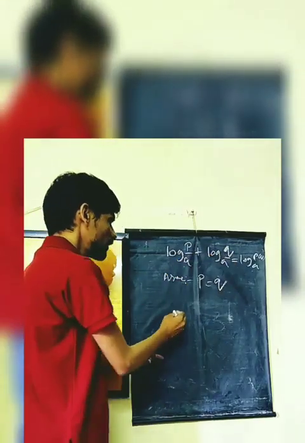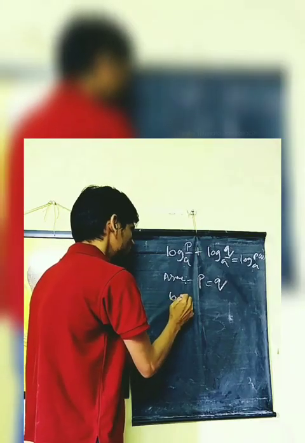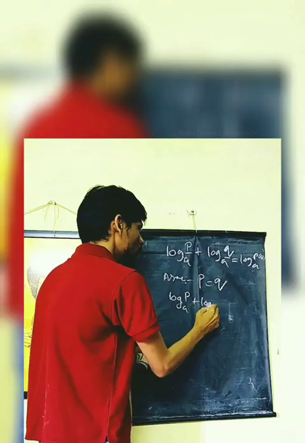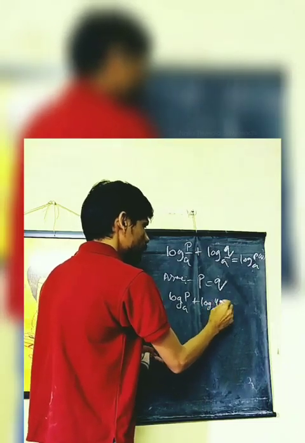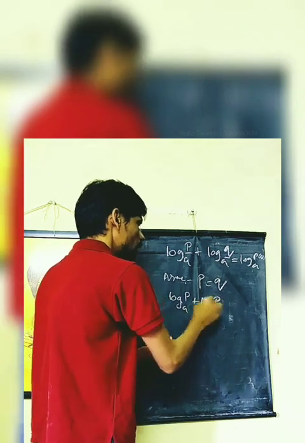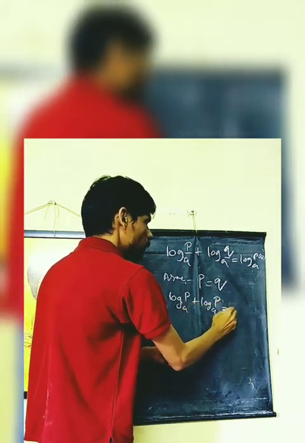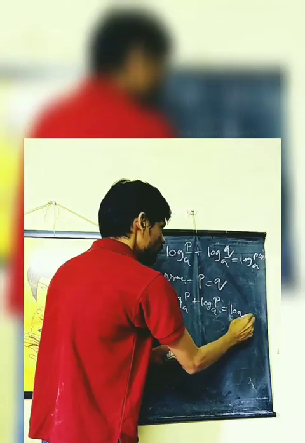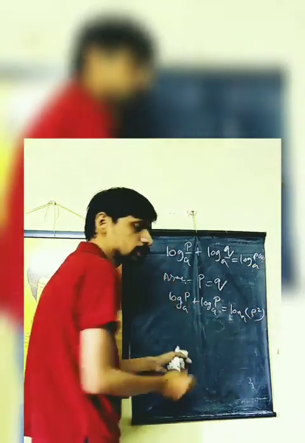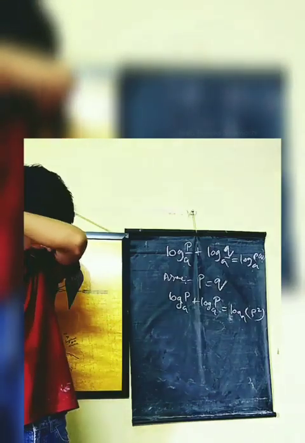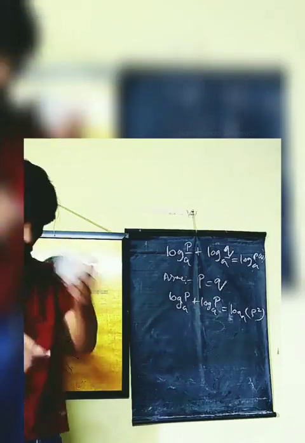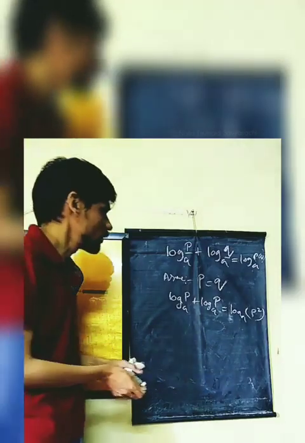What will happen then? Now log a p plus log a q. Sorry, p. You can use both the same value, p or q. So what will happen here? Log a, here p and q are the same, so I can represent it as p square, right?